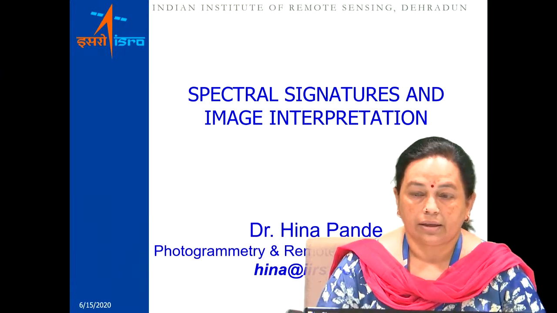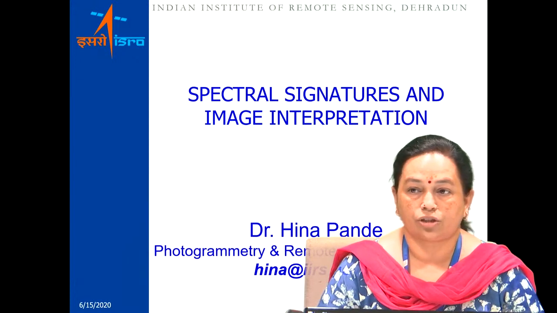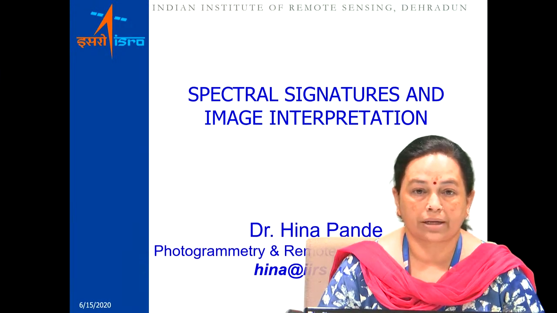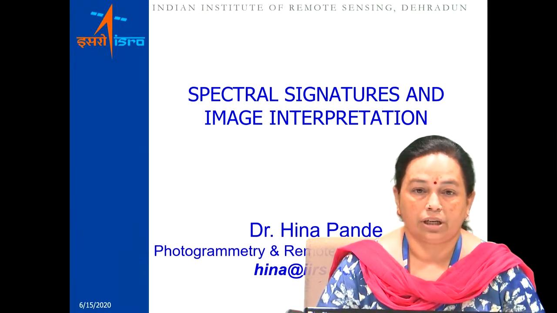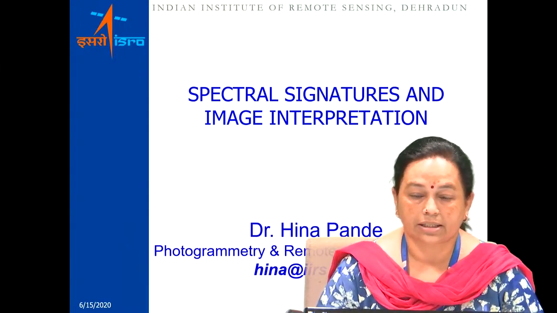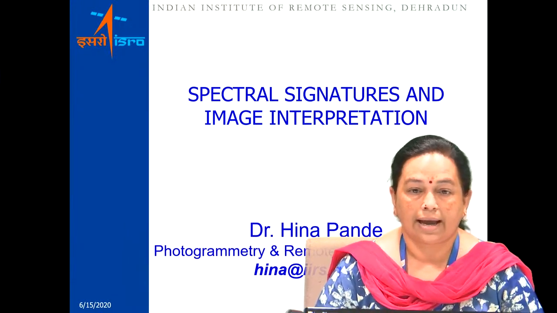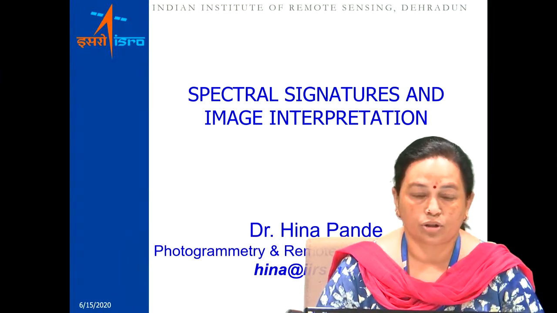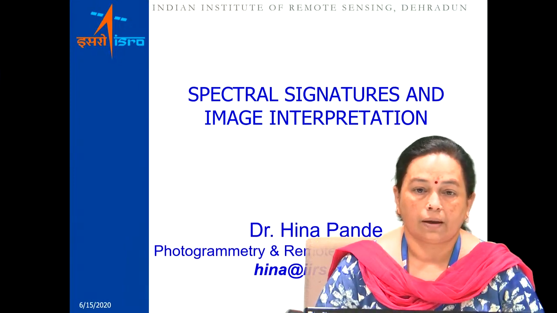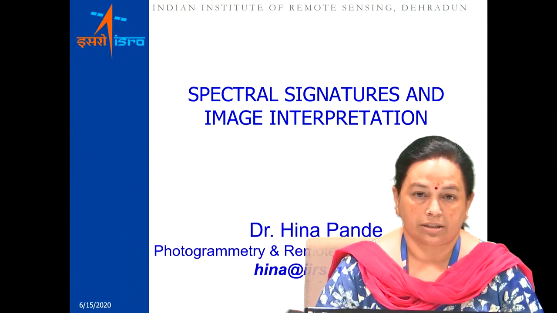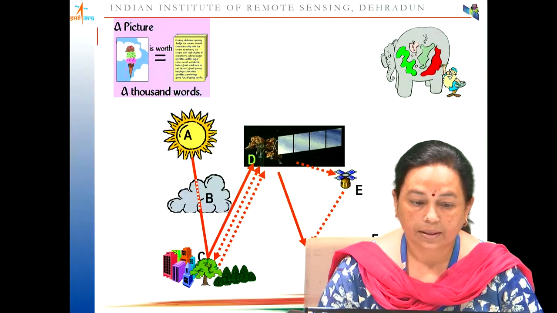Once we get the data, now we will be discussing how to extract information from it or how to interpret the image and extract meaningful information from it. Here in this lecture session, we will be focusing on the visual method of interpretation, and later in the course, you will be discussing digital image interpretation and digital image classification.